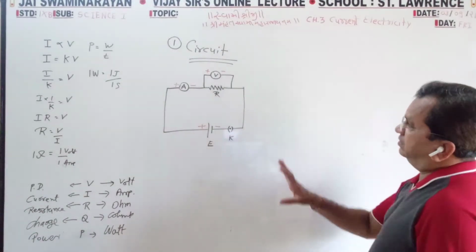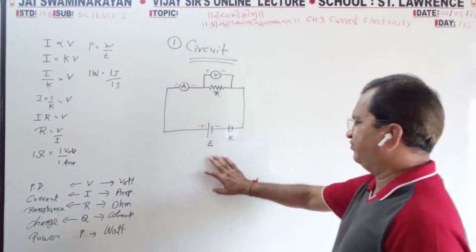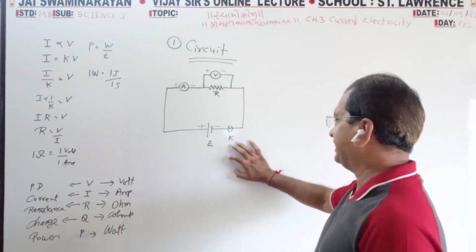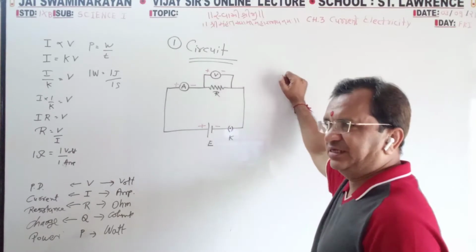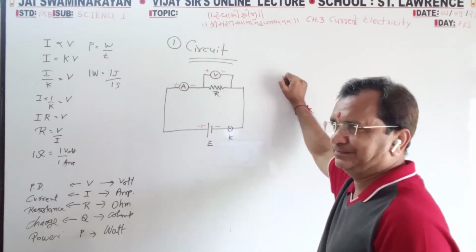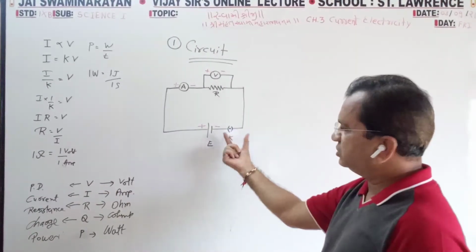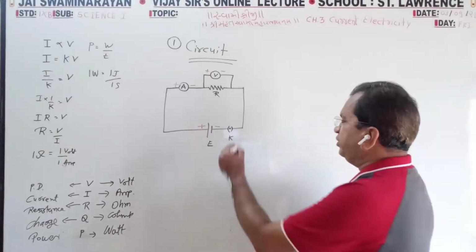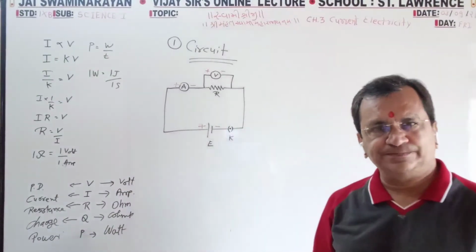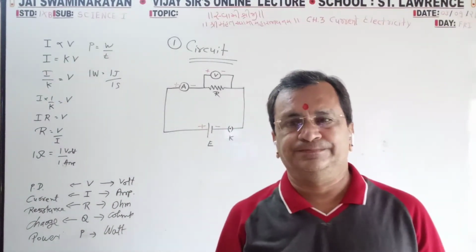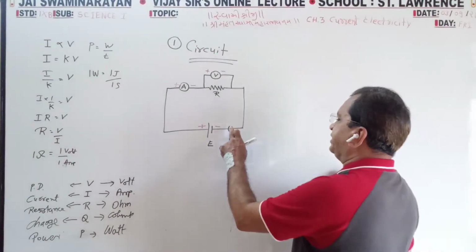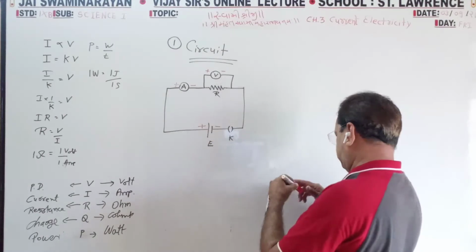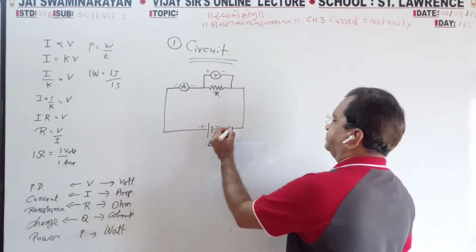So this is the circuit. E stands for energy, the battery, K stands for key, the switch, A ammeter, V voltmeter, R resistance. When there is a dot, it is on. When it is empty, it is off. Follow?